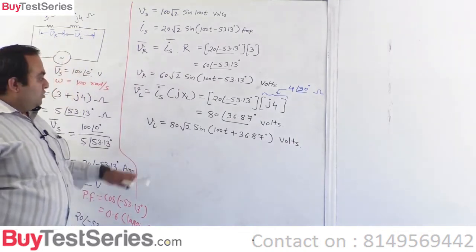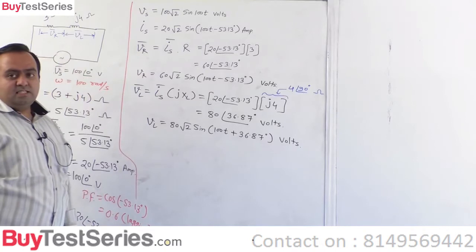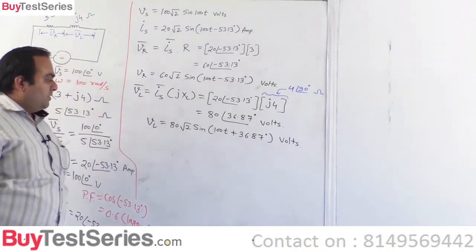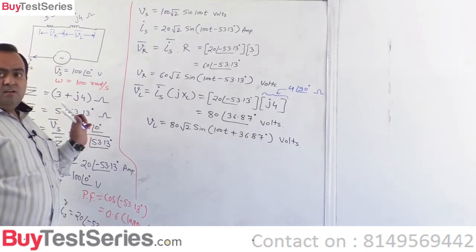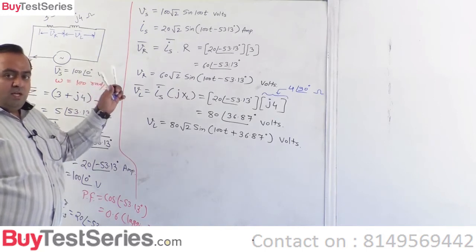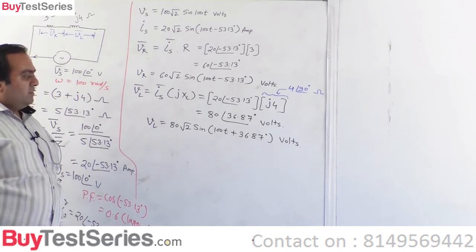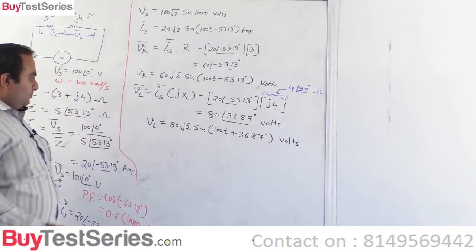Omega is 100 radians per second. So we have calculated IS, VR, VL, and we have also written them as a function of time.